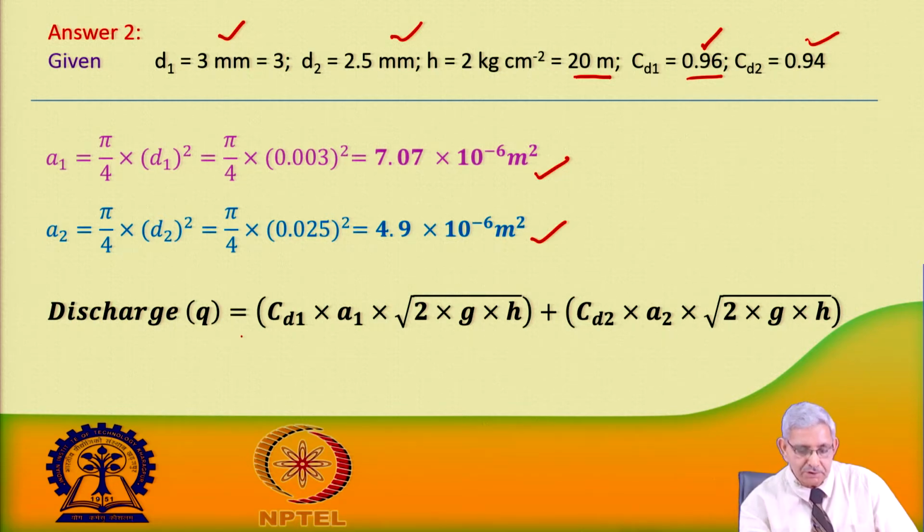So, discharge Q in cubic meter can be written as C D 1, that is the coefficient of discharge 0.96, multiplied by A 1, 7.07 into 10⁻⁶, into 2 G, where G is 9.81 and H is 20, so 2 G H, plus C D 2, this is your 0.94, multiplied by area, that is 4.9 into 10⁻⁶ square meter, 2 into G, that is 9.81, into H is 20 meter.